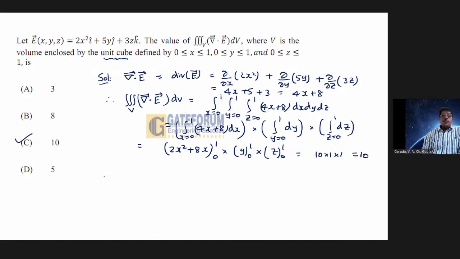Accordingly, option C. So I am giving the divergence procedure, the mathematical procedure.